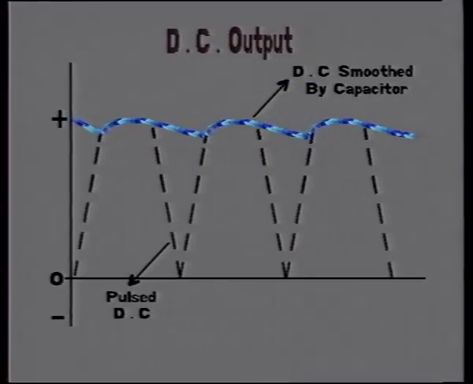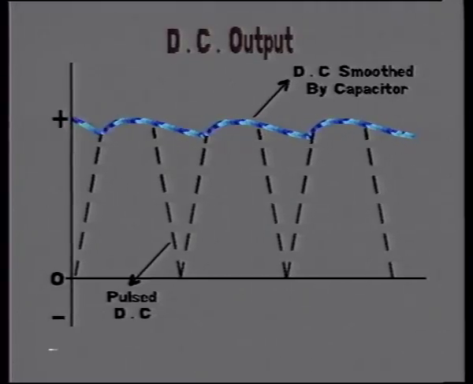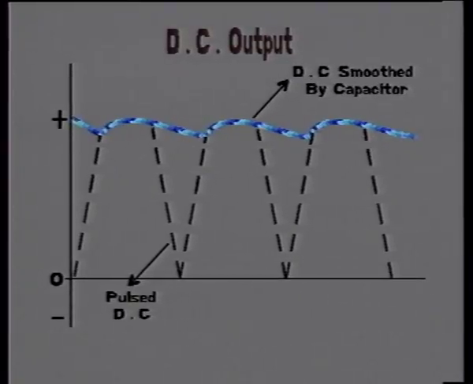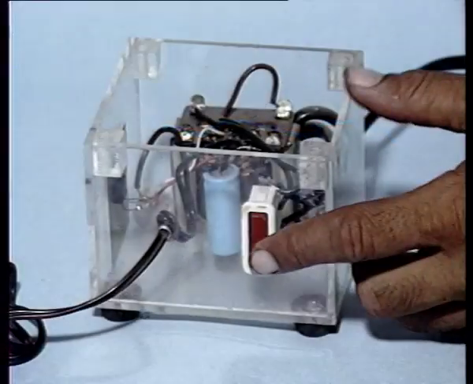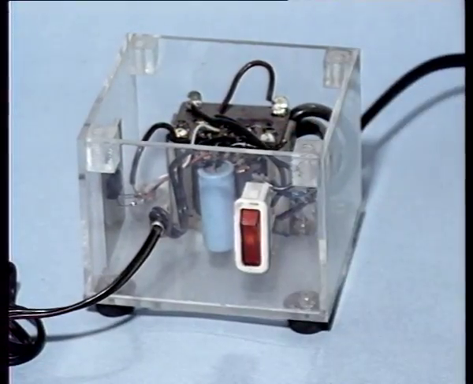And the wave shape of the output voltage is almost like a straight line and is not in the form of pulsed half waves. In a DC power supply unit, we get a very steady DC output voltage.